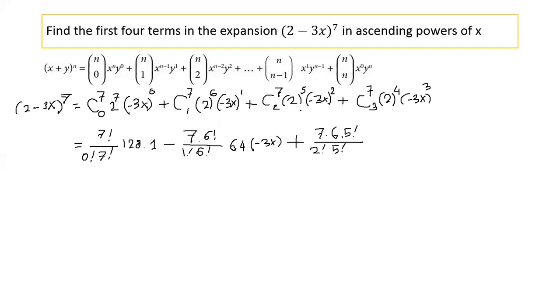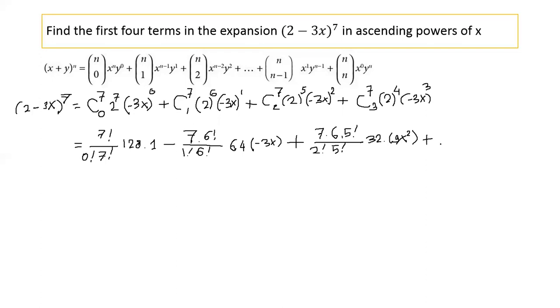And 2 to the power 5 equals 32, times 9x squared. Why 9? Because negative 3 squared equals 9.